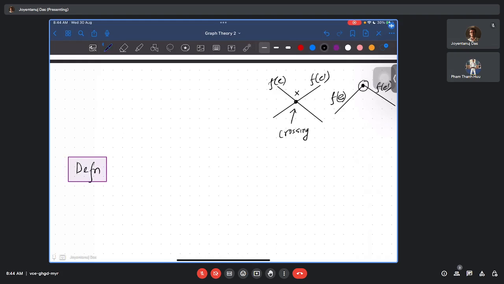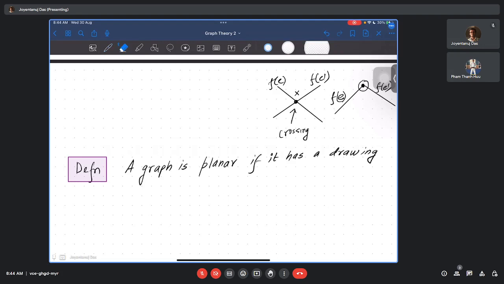A graph is planar if it has a drawing, and we know what a graph drawing is now by definition, without crossings. So if you can draw a graph without crossing, then it is called planar.